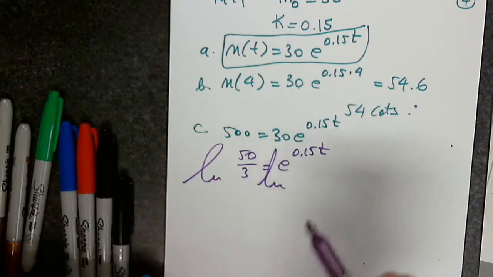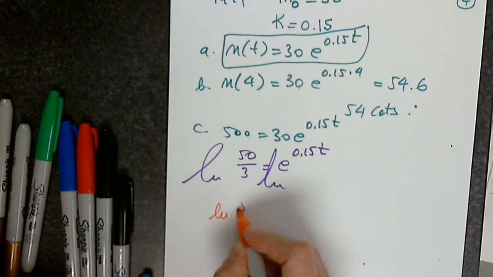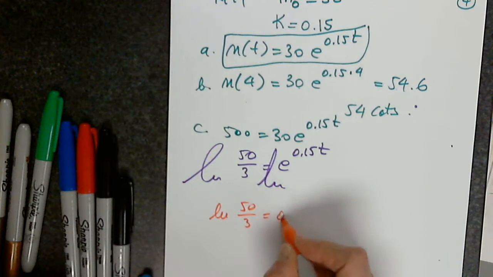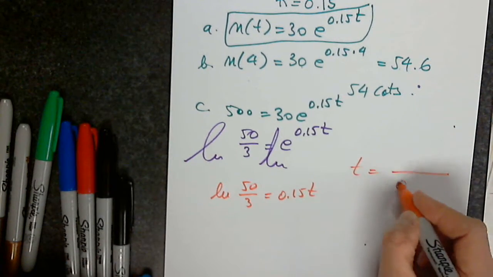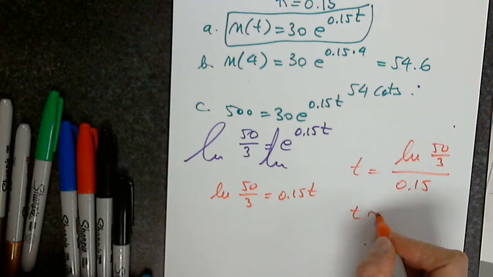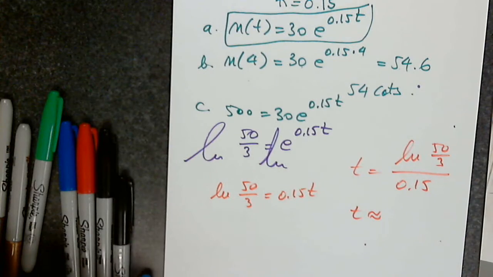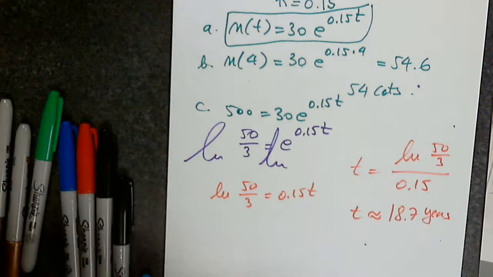Yes, I apply the function to both sides. And then that e goes away. And then just divide by 0.15. Okay, approximately how many years? 18.7. Okay, 18.7 years.